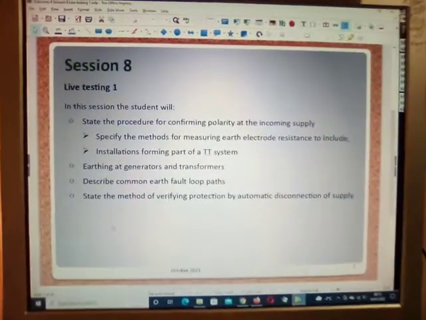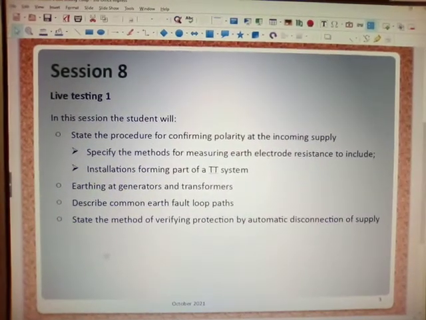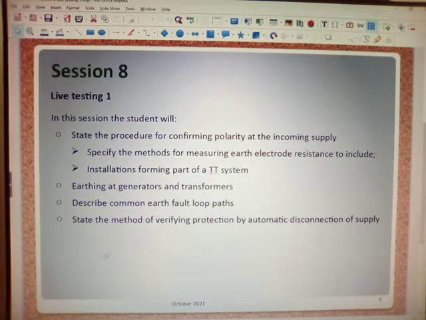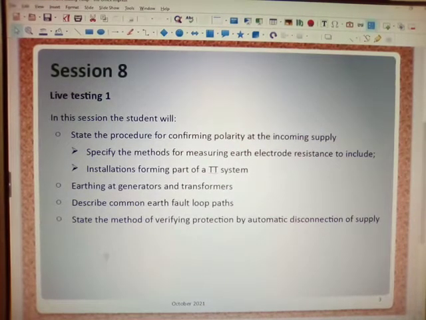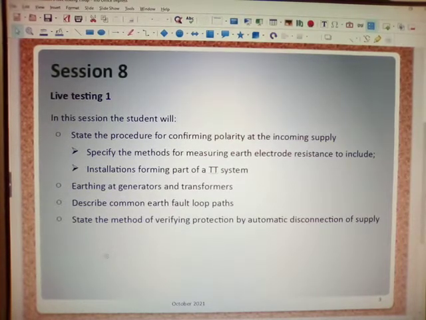Now again, here we are in this session. Just state the procedure for confirming polarity, specify the methods for measuring earth electrode installation forming part of a TT system, earthing generators and transformers, describe common earth fault loop paths, state the method of verifying protection by automatic disconnection of supply.